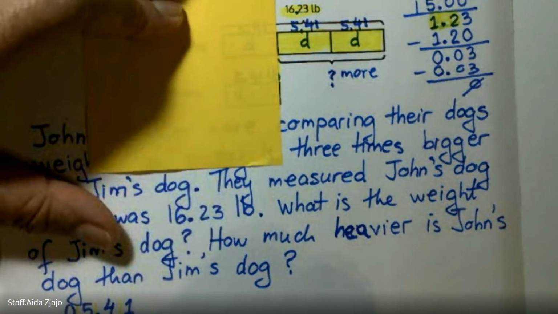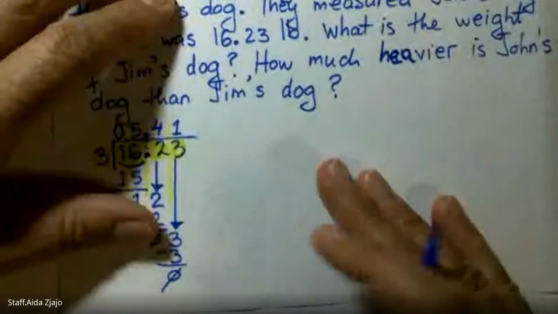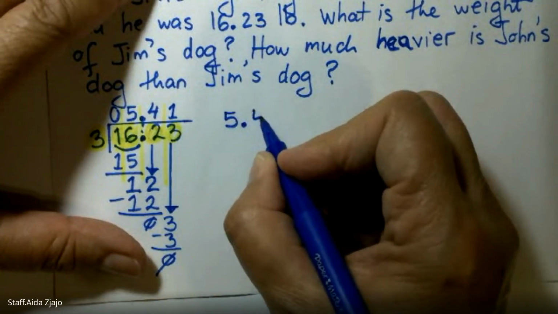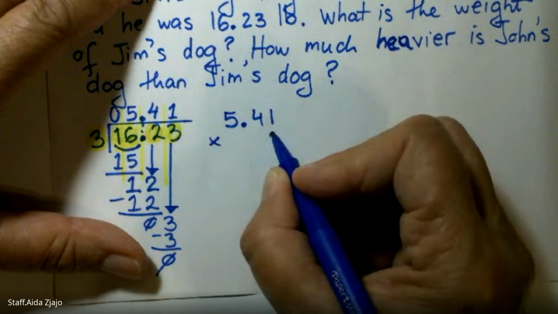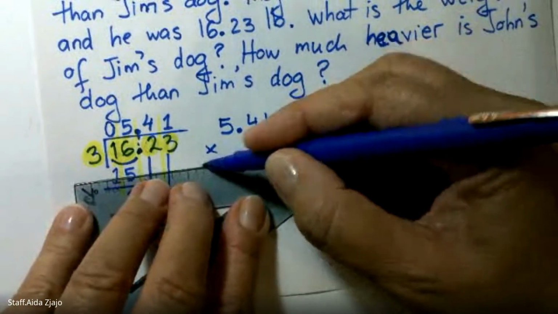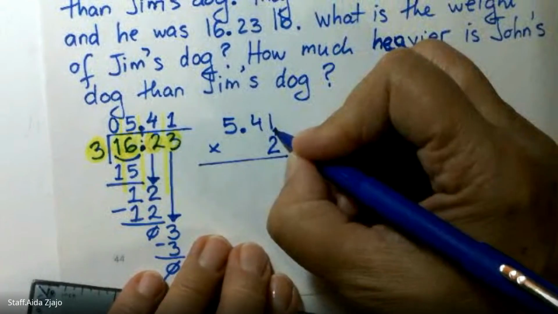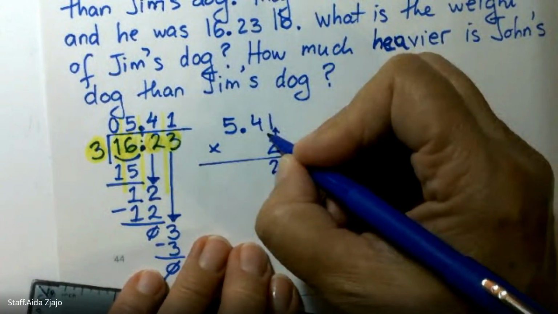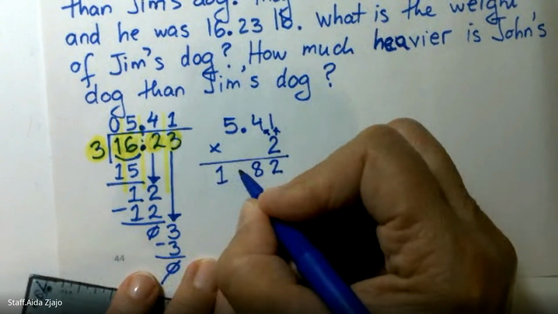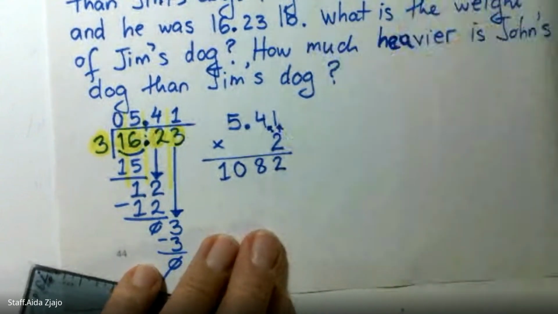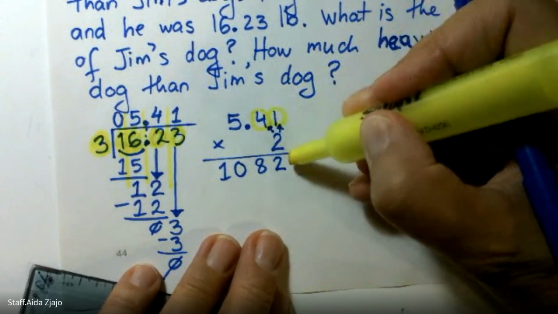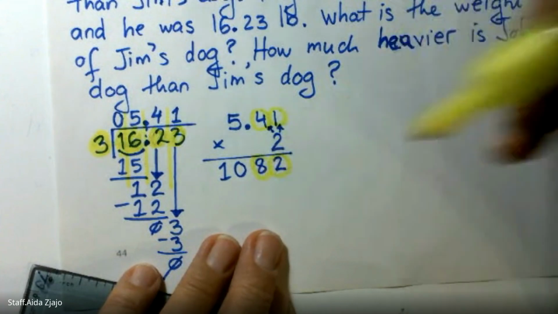So let's see how we will do that. If I put here 5.41 times 2, I will do the standard algorithm. 2 times 1 is 2. 2 times 4 is 8. 2 times 5 is 10. But I needed to use this number, which was in hundredths, so I have to show that in my answer.